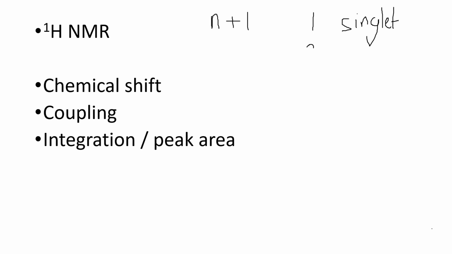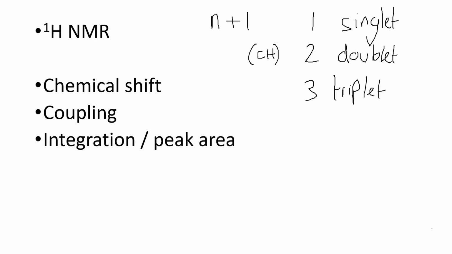If n plus 1 equals 2, we call it a doublet. And that means that n equals 1, and therefore there is one next door hydrogen, so it's a CH group. So you can say it's next door to a CH group. If n plus 1 equals 3, we call it a triplet.